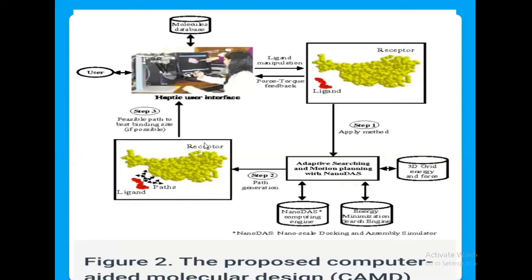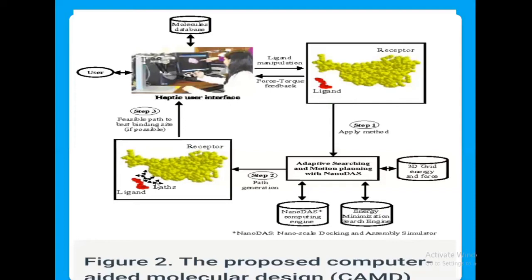Then once path generation is identified, you go for step 3. Step 3 is the feasible path to the best binding site. So here you see that several paths have been identified. Either this ligand goes in this direction and binds here, or it goes in this direction and binds here with the receptor, or it goes in this direction and binds somewhere here.